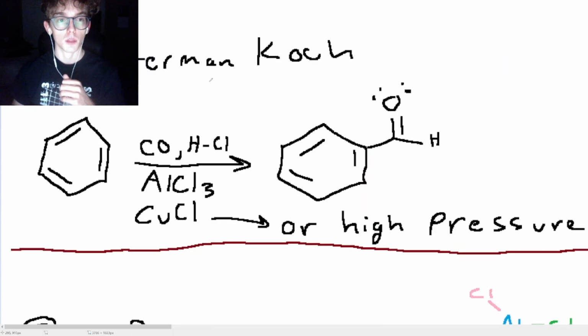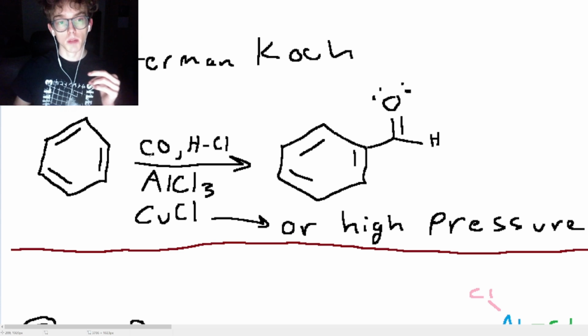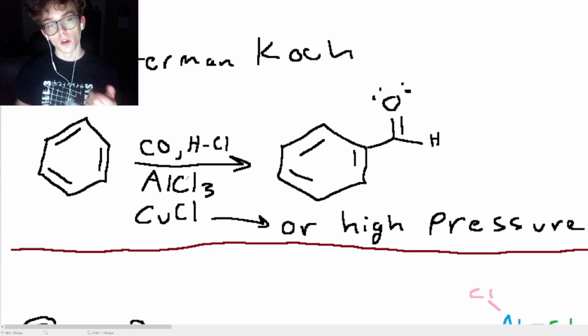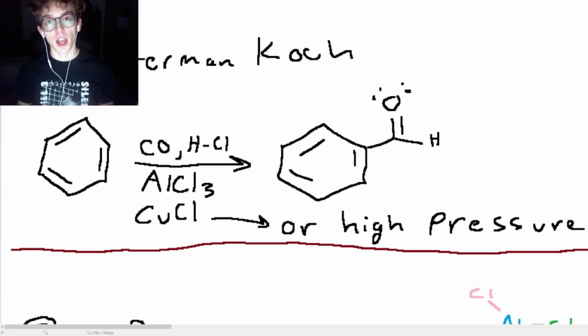Well, we do the Gatterman-Koch reaction, and basically the Gatterman-Koch reaction is just using carbon monoxide, hydrochloric acid, along with aluminum trichloride and copper chloride, which is going to make our formyl chloride in situ in that reaction while we're doing it, and it allows it to exist and therefore react.